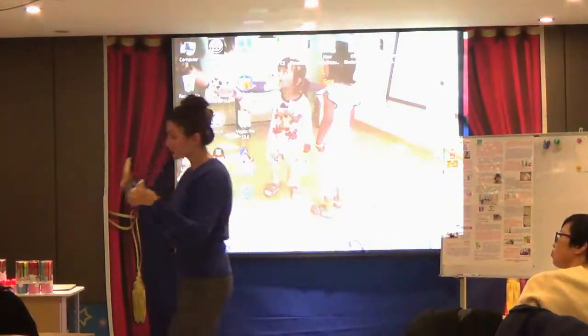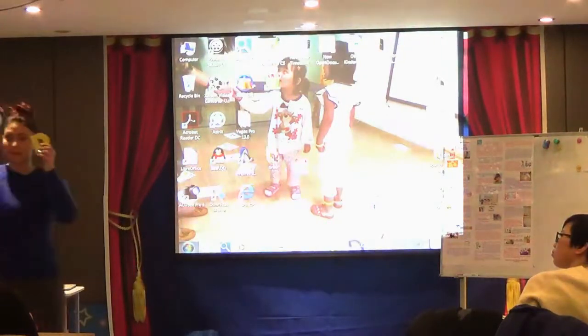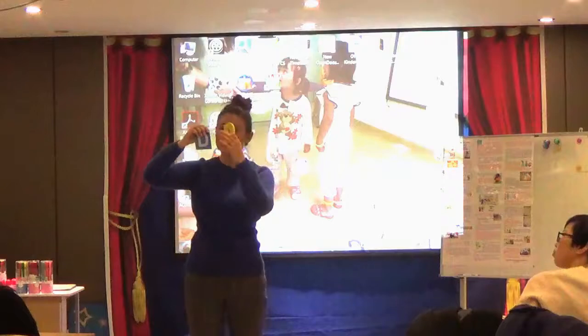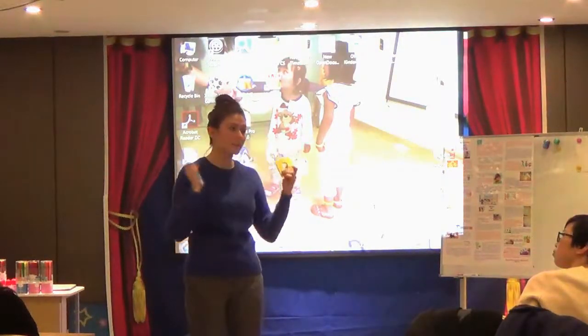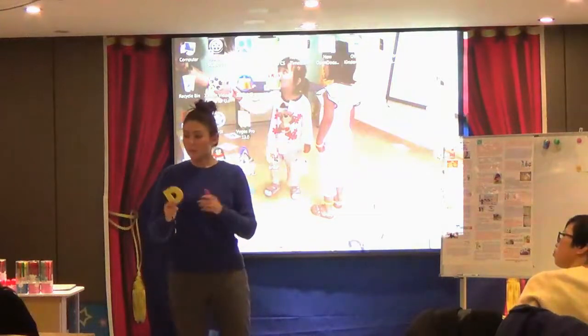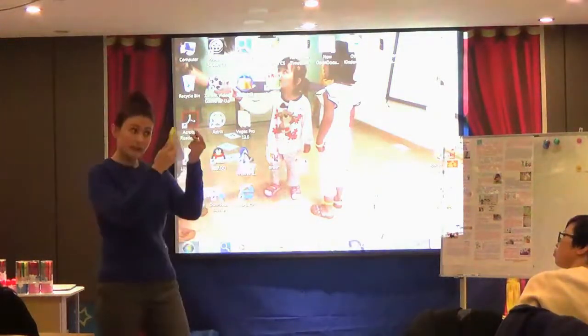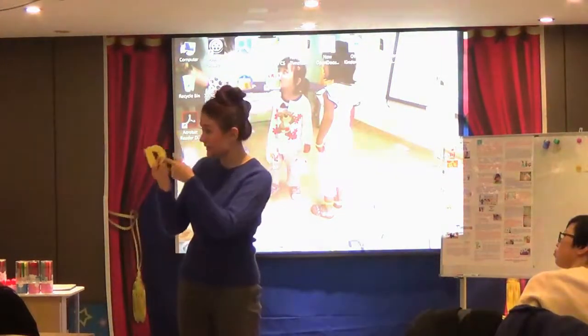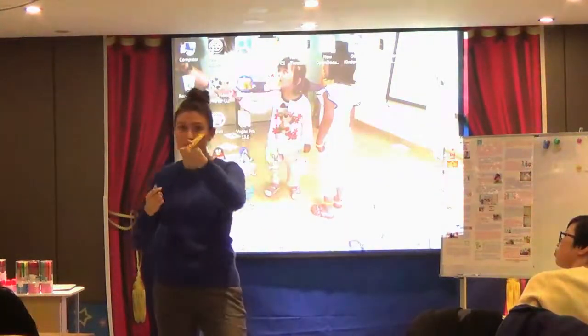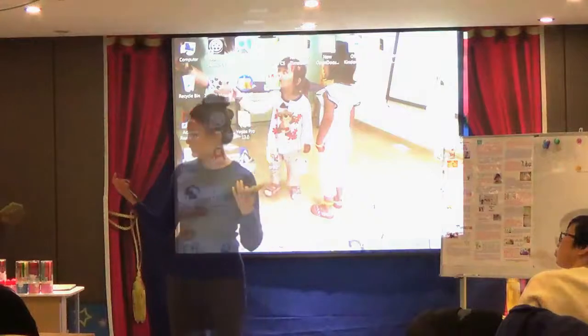And they can recognize this is letter D, this is letter D. They recognize the shape. And they can compare. This is D, this is D. This is the movable alphabet. And also they use their kinesthetic. They can touch, they can see. And we use our visual too, because letters are big, letters are colorful.